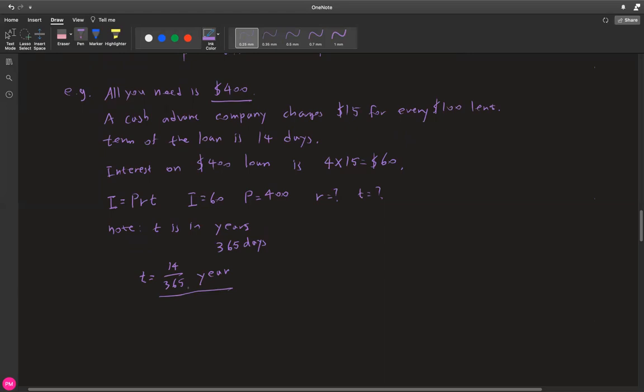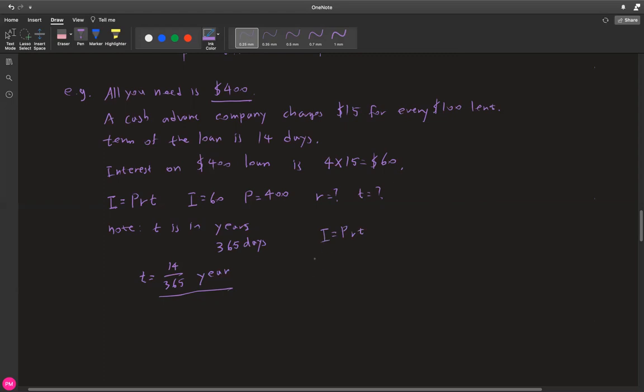So now that we know the term and interest and the principal, we can now calculate the R. We can now calculate the APR. From the formula for the simple interest, let's plug in everything we know.